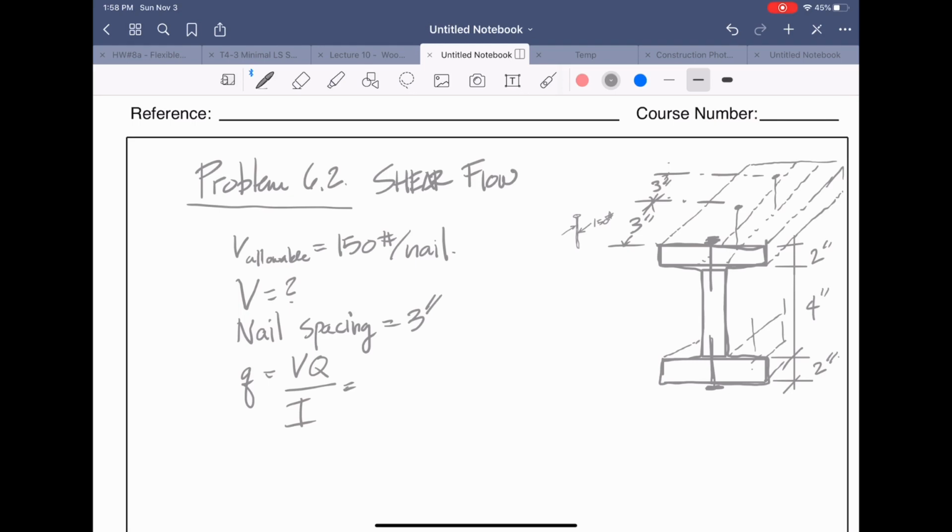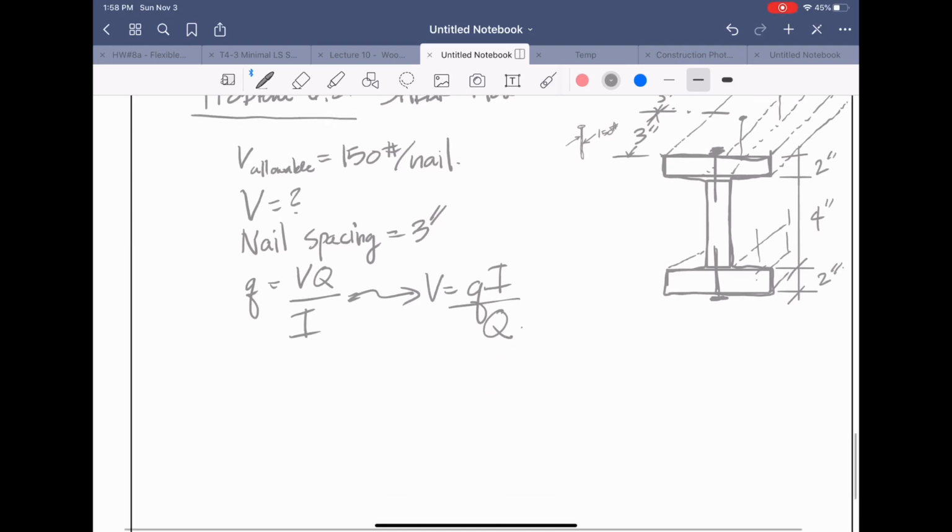We have that V, the allowable shear, is equal to qI over Q. And in order to have that, we know that q is equal to 150 pounds divided by 3, which accounts for the 3 inch spacing.